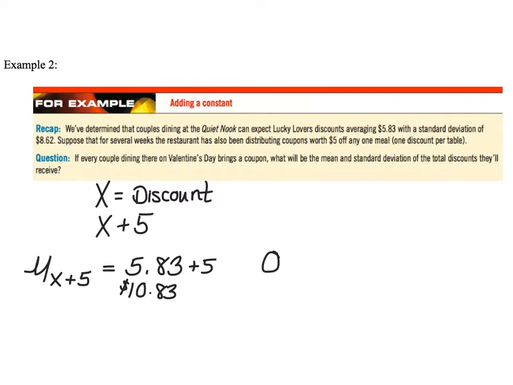$10.83 for the new average amount that couples can expect. How about our standard deviation? Well, the standard deviation of x plus 5 is the same as the standard deviation of just x. Adding constants does not change our standard deviation. Remember, the easiest way of looking at that is if we had numbers like 1, 2, 3, 4, 5. How far do these values typically vary from the mean?